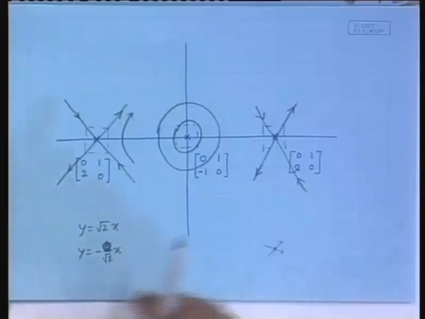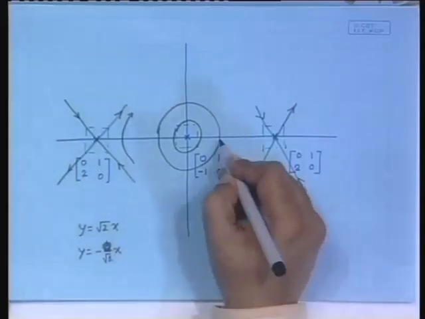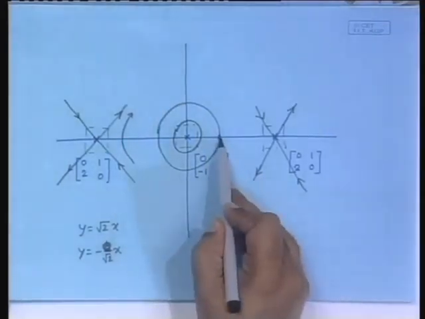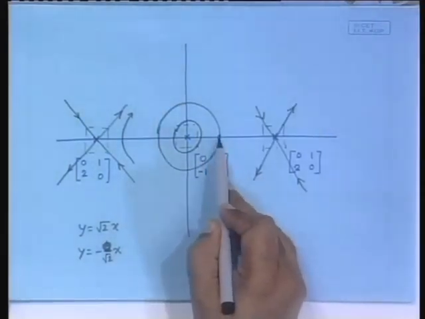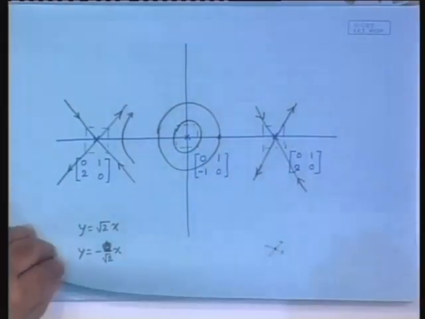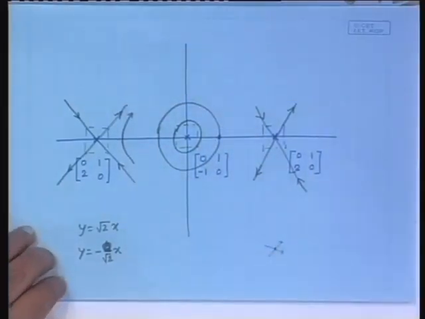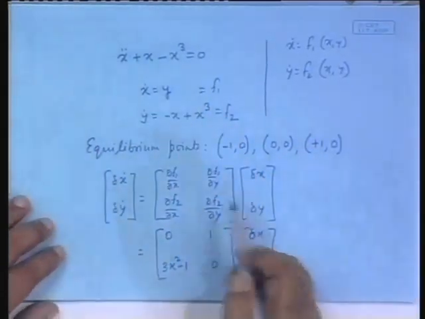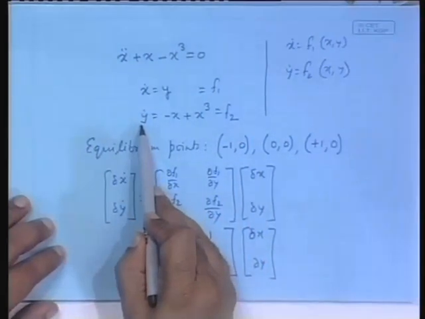There is another way to infer whether it is clockwise or anti-clockwise. Just choose a point somewhere here. This is a point with x coordinate existing and y coordinate 0. Put it into the original set of equations. X coordinate positive, y coordinate 0. You can now obtain what is the vector.